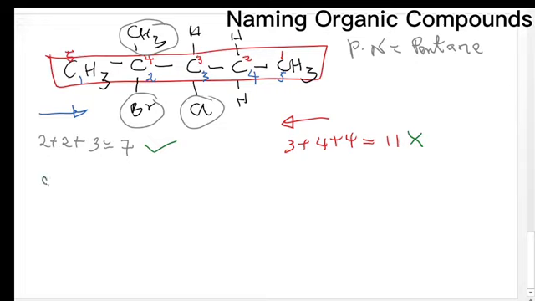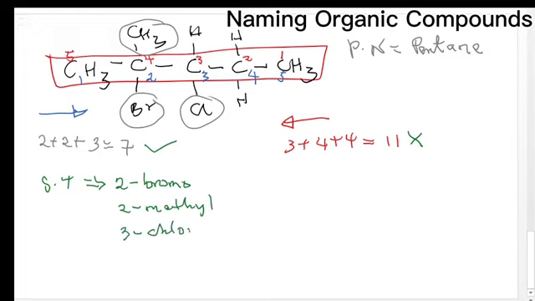So to name my substituents, these are the substituents that I have. The first one is bromine, that's a 2 bromo, position 2. Then I have a 2 methyl. Are you following? Then I have a 3 chloro. So I need to arrange them alphabetically. I'm starting with the bromine.